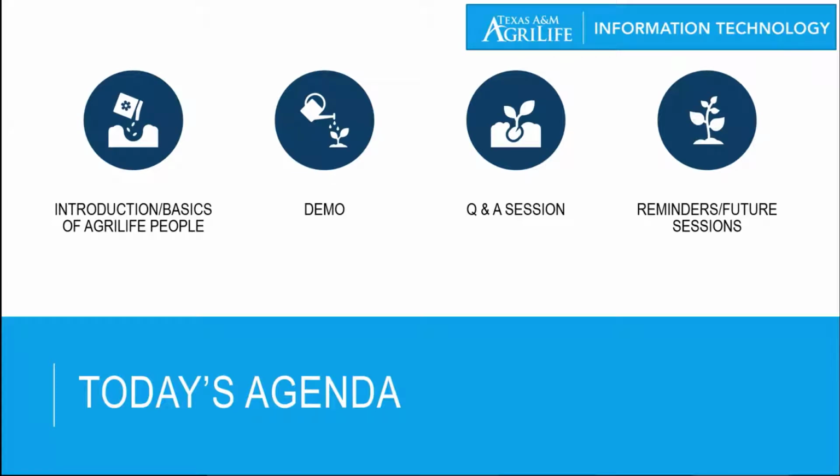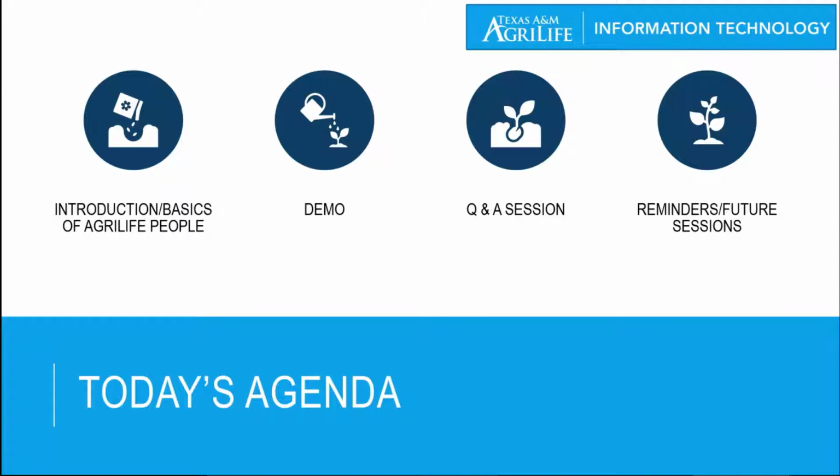So this is what the next hour is going to look like. I'm going to go over some terminology that I'll be using a lot today, a very quick history of AgriLife People, a few stats on the site that houses the self-service IT requests. We're going to explore some of the functions of AgriLife People, and then I'm going to jump on ALP and we'll actually look at how to perform some of those functions. I'll also go over the IT services that are available in AgriLife People.